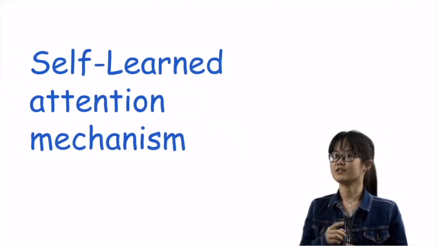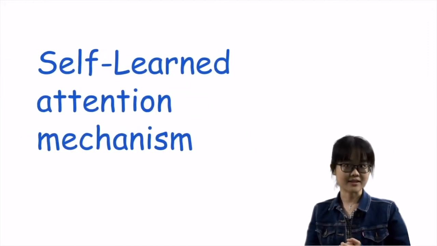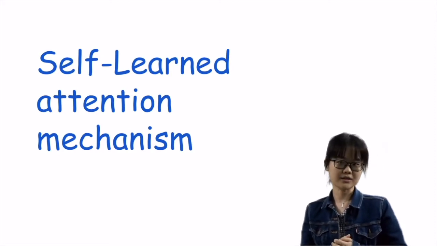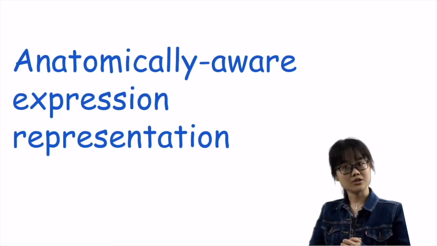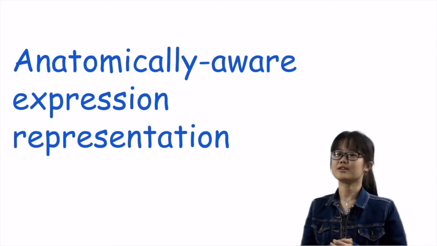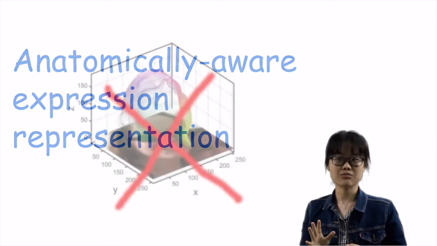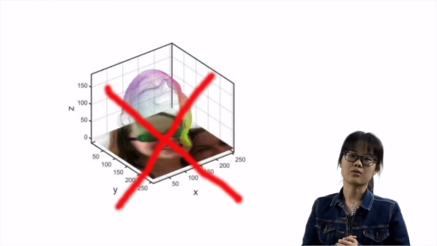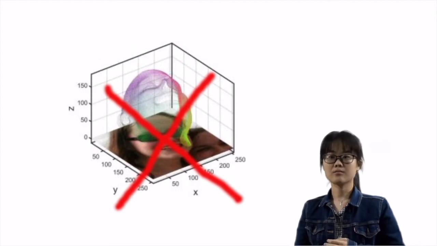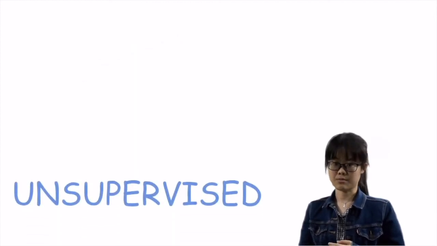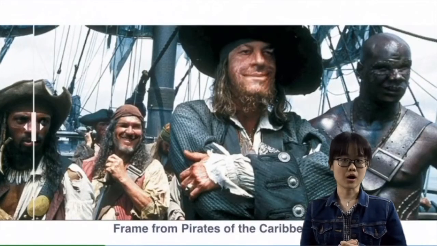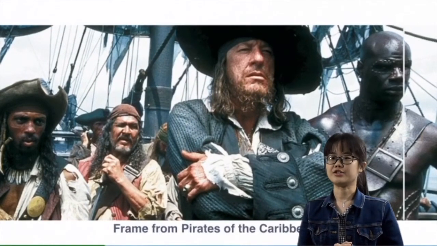The first one is a self-learning attention mechanism that helps us transition between real and fake patches of the image, and an anatomically aware expression representation, which does not require any 3D face model nor initialization of our method. The entire method was trained in an unsupervised way. Also, we have shown that our model is robust to images in the wild.